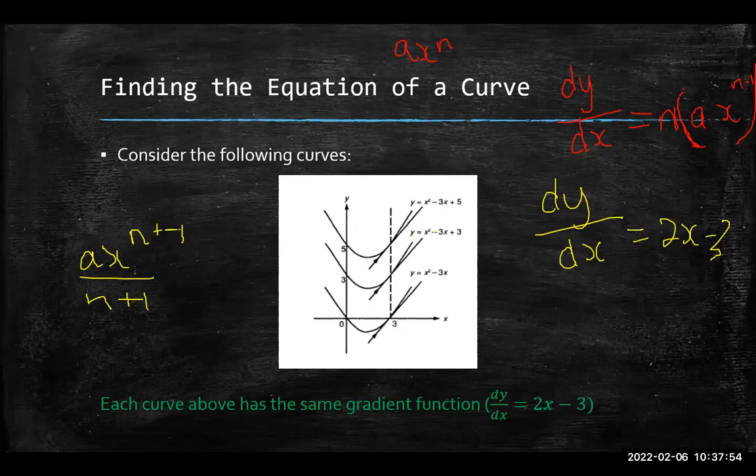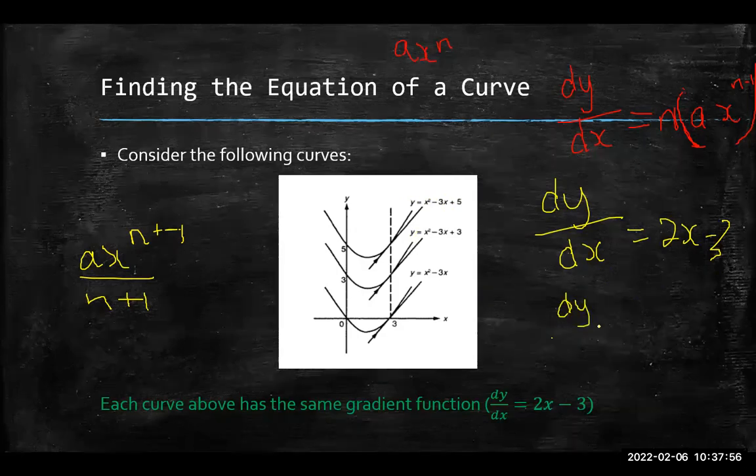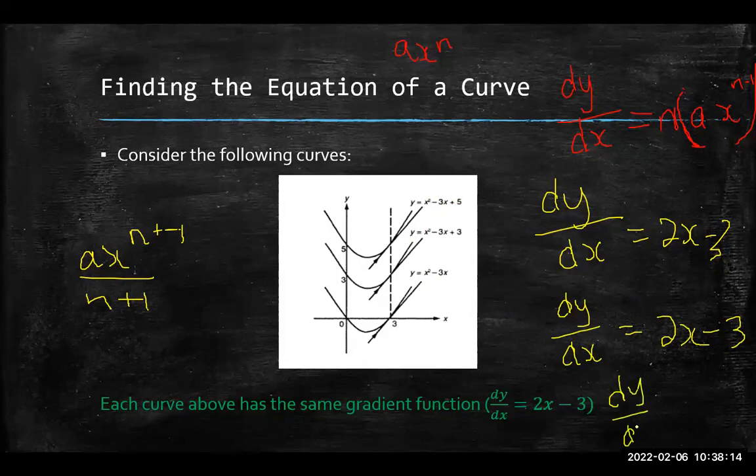If I ask you to differentiate this one too, the differential of x squared is 2x, and minus 3x is minus 3. This is the same as this. And for this one too, dy on dx: x squared gives 2x, minus 3x gives minus 3. Why I don't have anything here is because 3 is a constant, and the differential of a constant is always 0.